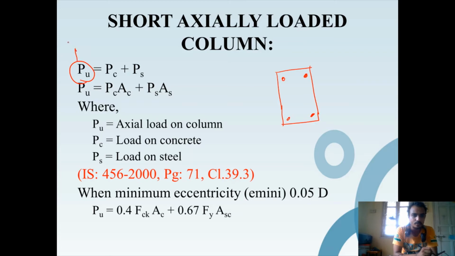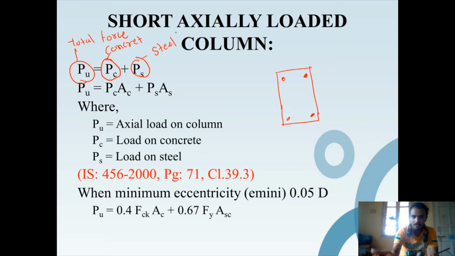Pu means total force, Pc means force on the concrete, and Ps means force on the steel. So the total load applied on a column, some part is resisted by concrete and some part by steel.